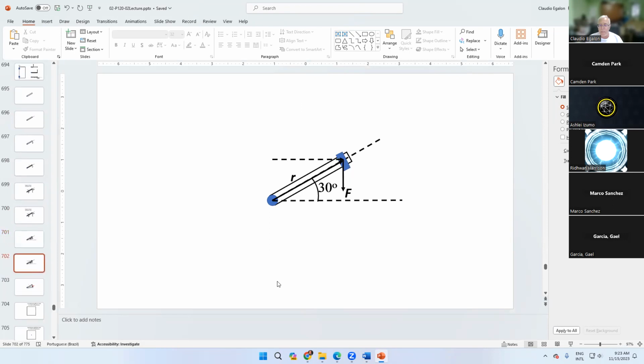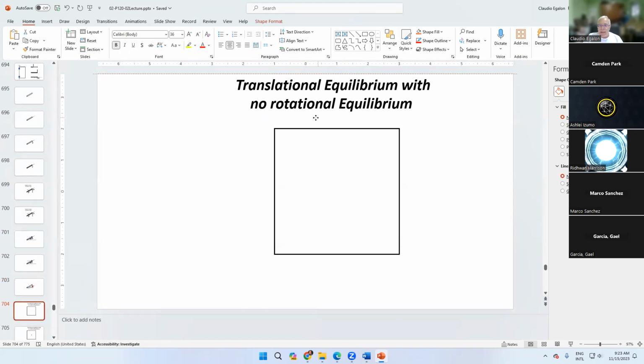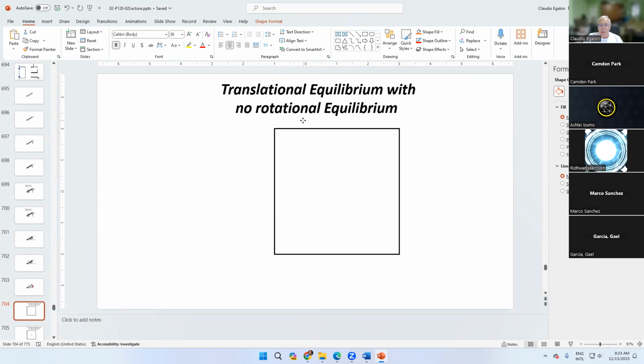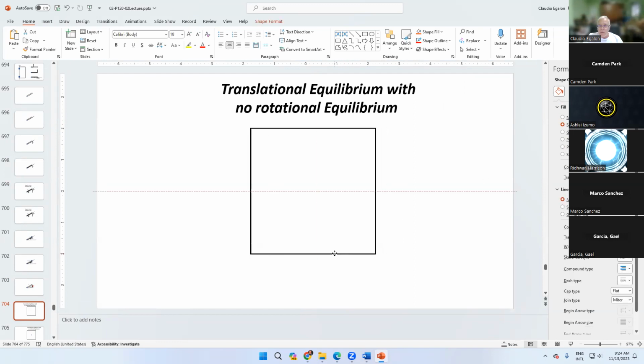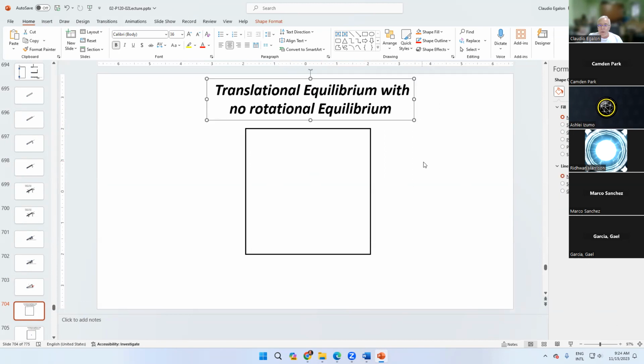Okay, translational equilibrium with no rotational equilibrium. A rigid body may be in translational equilibrium, but not necessarily in rotational equilibrium, and vice versa too. It's not obvious, but it's a very interesting situation.